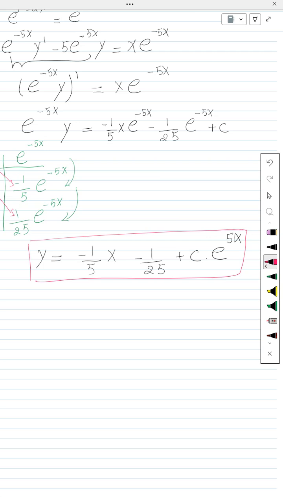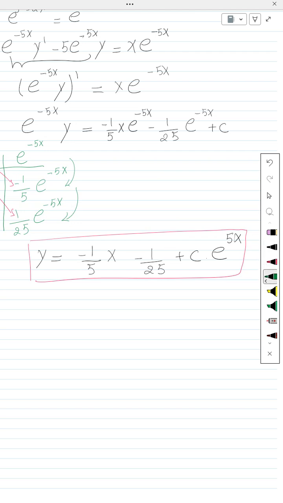And let's see another example. I will leave you an example to deal with, and it is easy also.